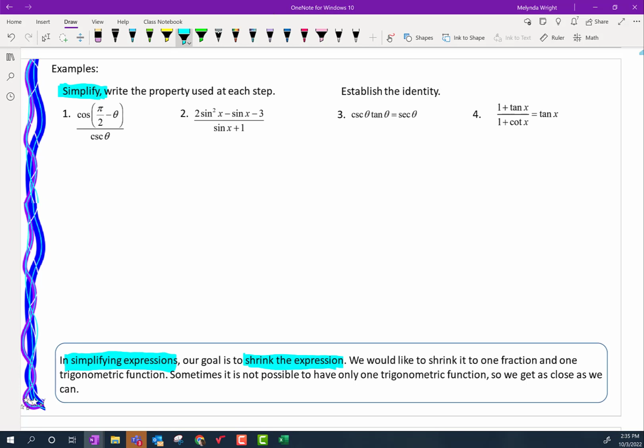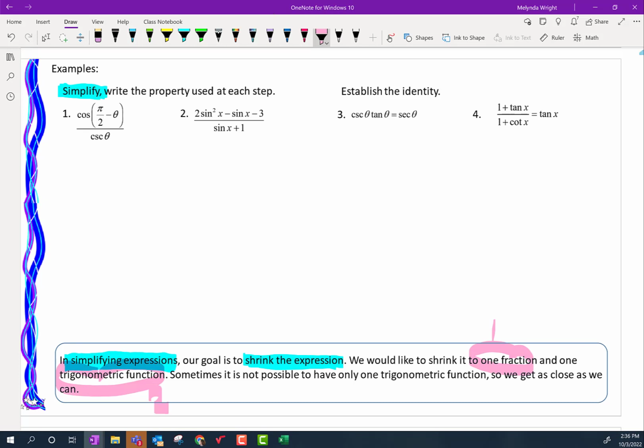How do we do that? Okay, we want to try to get it to one fraction. That would be one thing that we could do. And we want to try to get it to one trig function. That would be a second thing that we could do. So those are kind of our overall goals on simplifying: we want to shrink it and we want to just have one trig function.